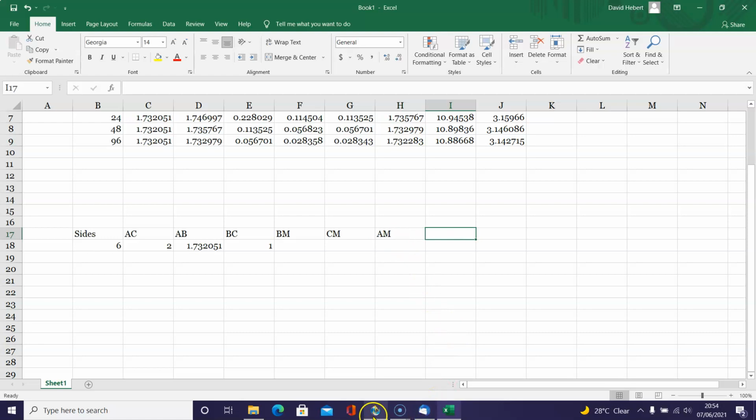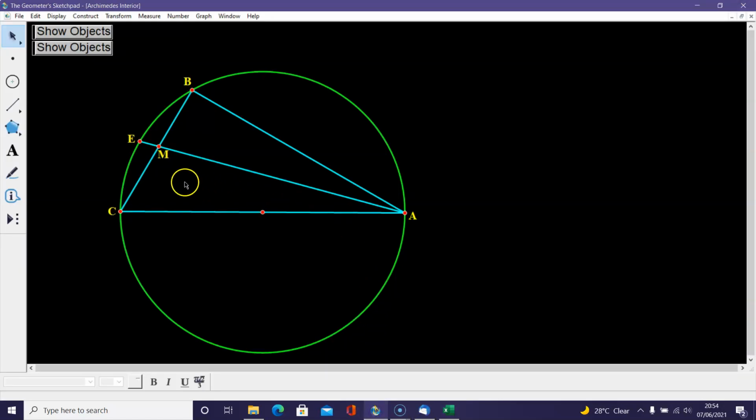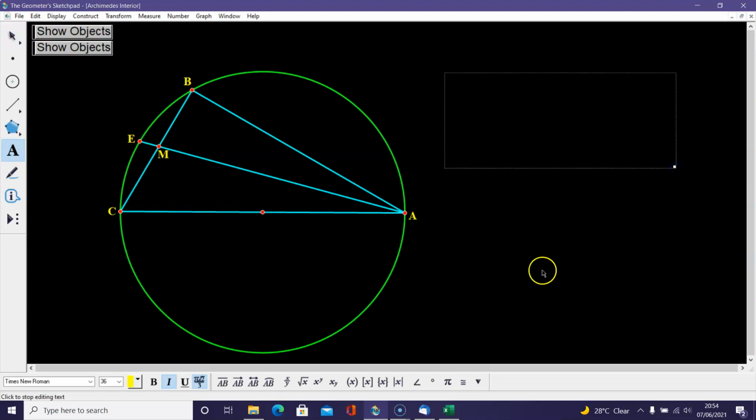Now the reason I want AN next is because now I need to get the value from C to E. And I'm going to do that, if you remember, by having similar triangles. And so I'm going to put an equation over here relating the pieces I wish to relate.